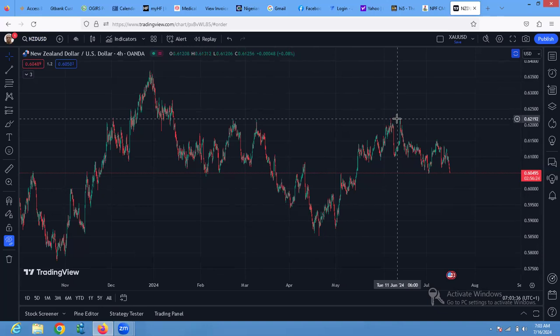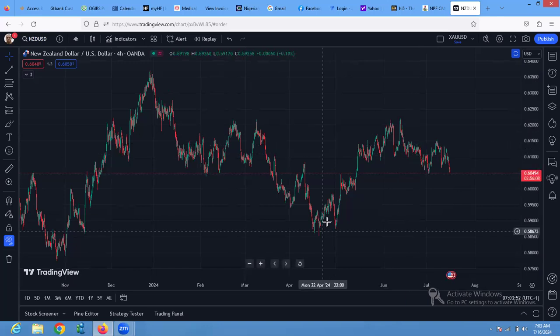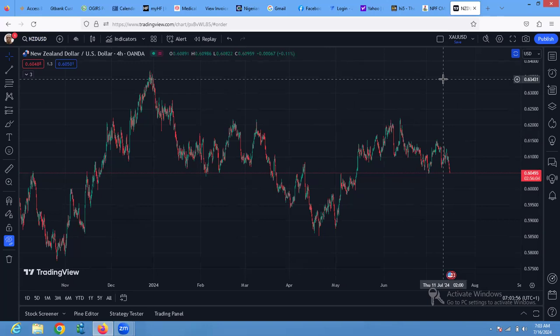What I'm seeing here is a situation whereby we may see a head and shoulder pattern, where we see this as the left shoulder, the right shoulder, and this is the head, and for us to have more upside. But I'm not just seeing the pattern.